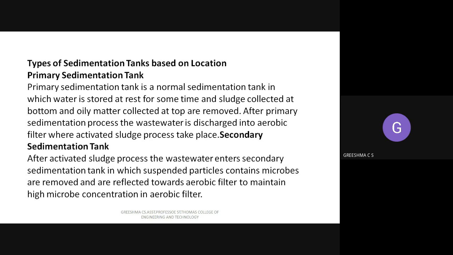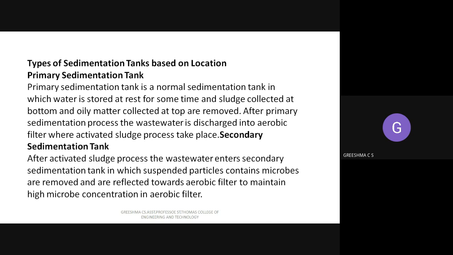So those are the types of sedimentation tank based on the location, that is primary and secondary. The primary is a normal sedimentation tank where the sludge will be collected at the bottom and oil will be removed. For wastewater treatment we are using the secondary sedimentation tank.